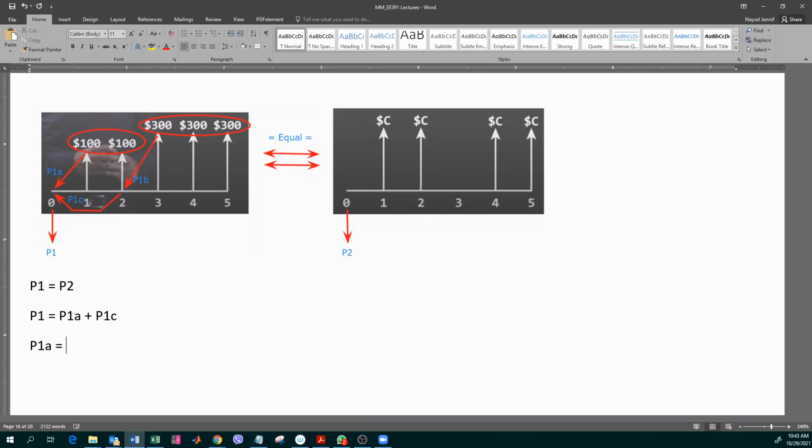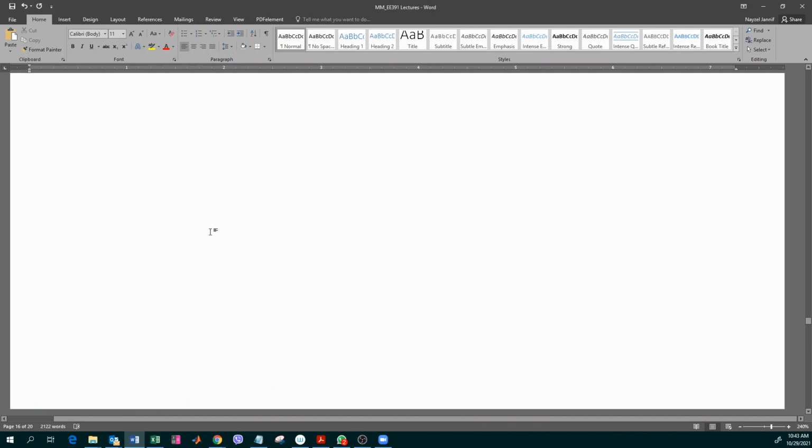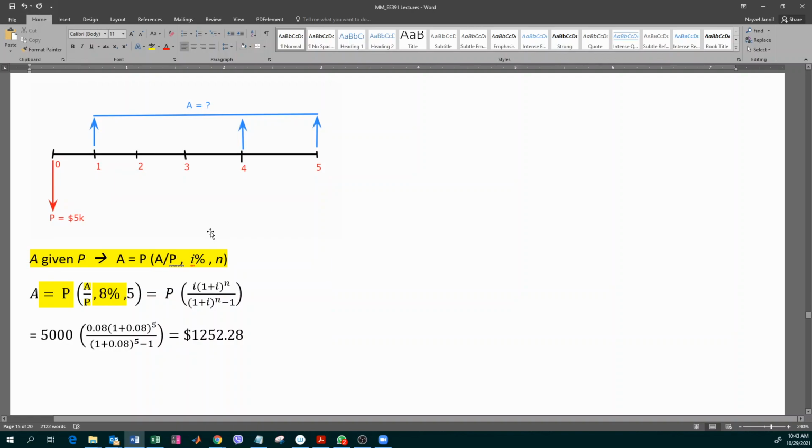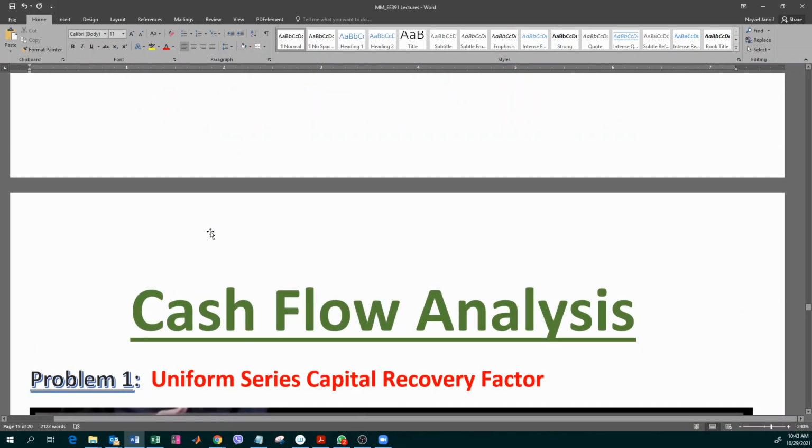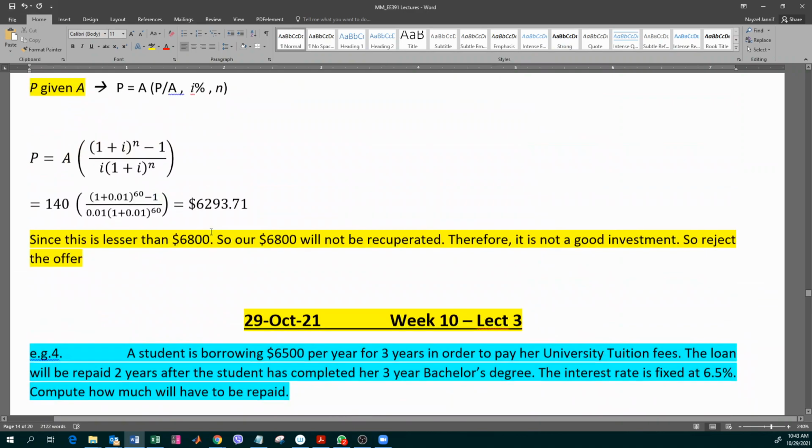For P1A, we've got to use P given A. Have I done that somewhere?